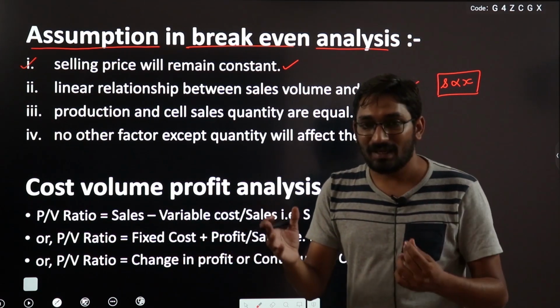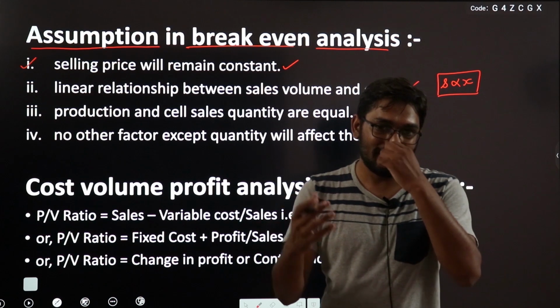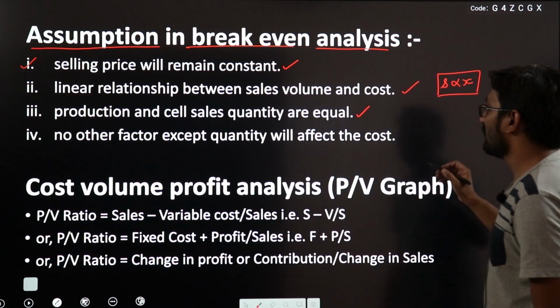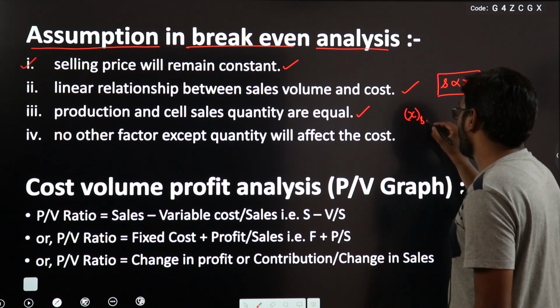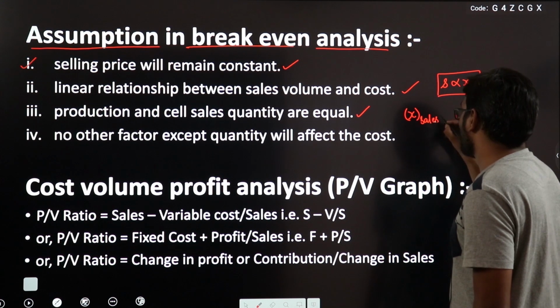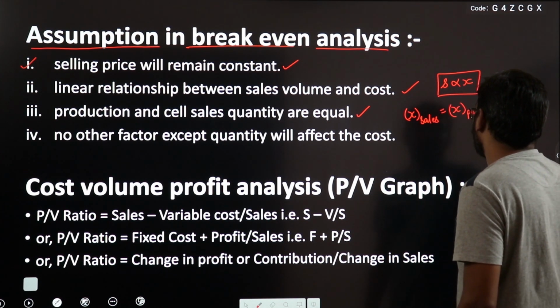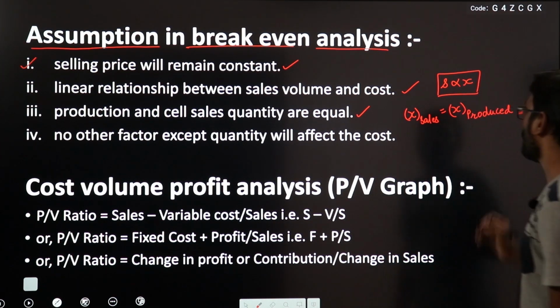But in actual, that will not be the condition. The production will be more or the sale will be less, depending upon the situation, but we are assuming that the number of units x which you are selling is equal to x which are produced.